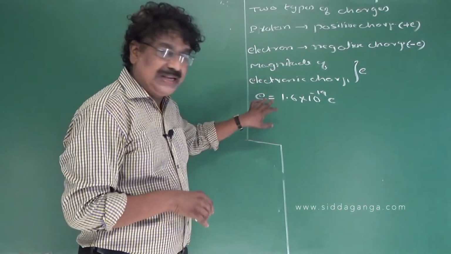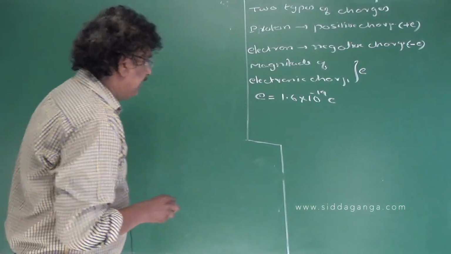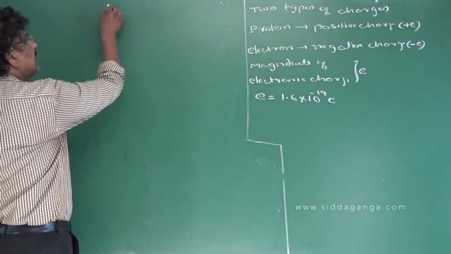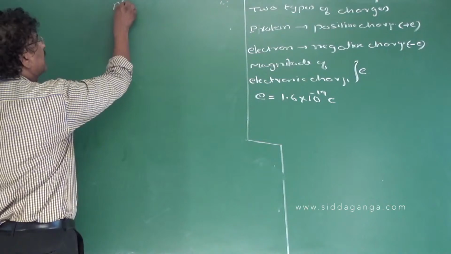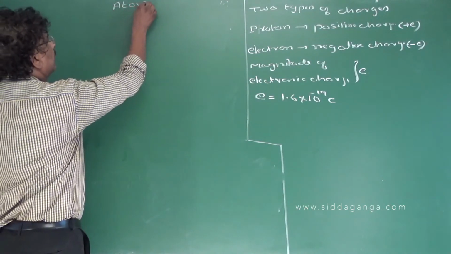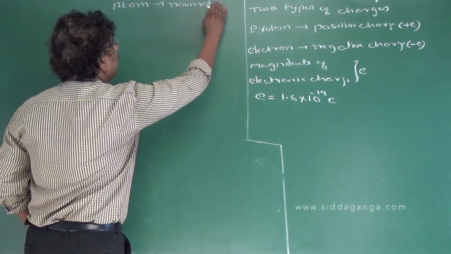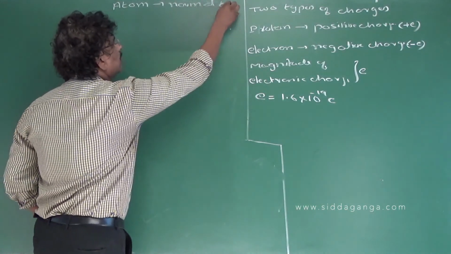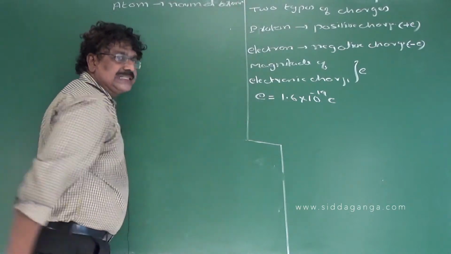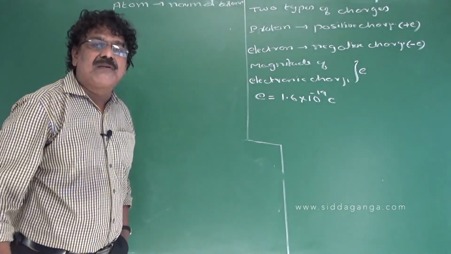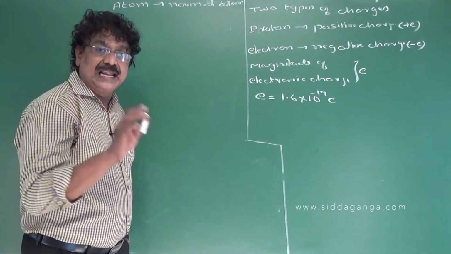When we consider a normal atom, it consists of an equal number of protons and electrons.